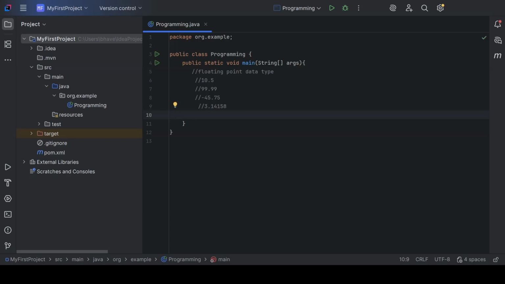So these are examples of floating point data type. So whenever we need to store fractional values or numbers with decimal places, we use floating point data types.